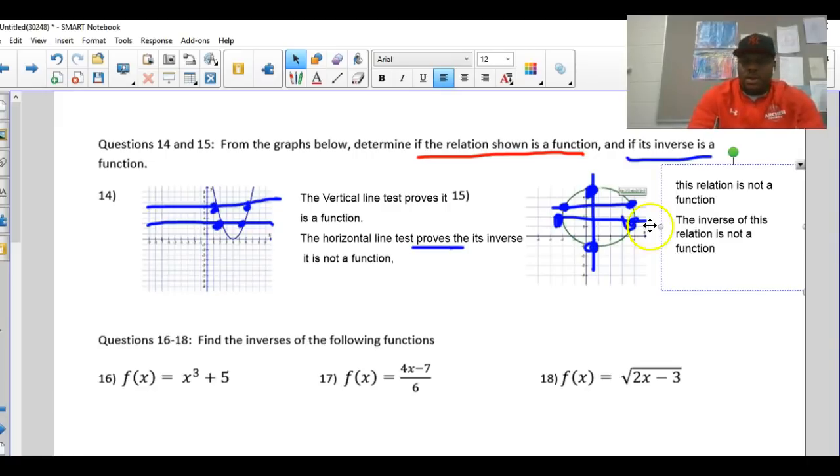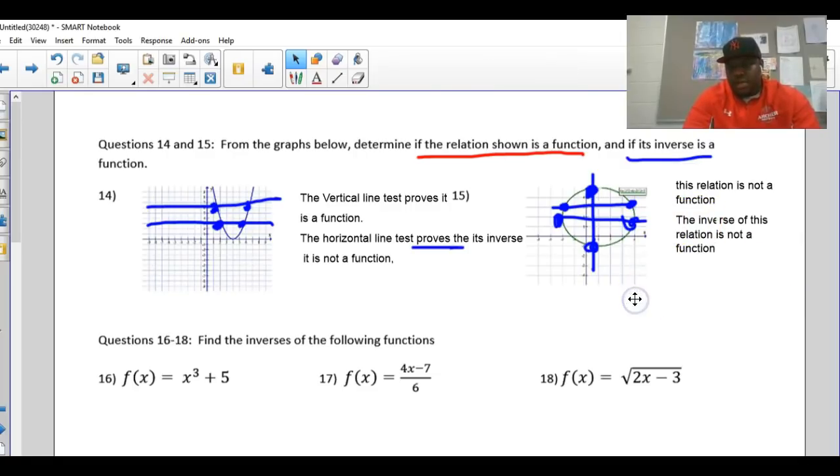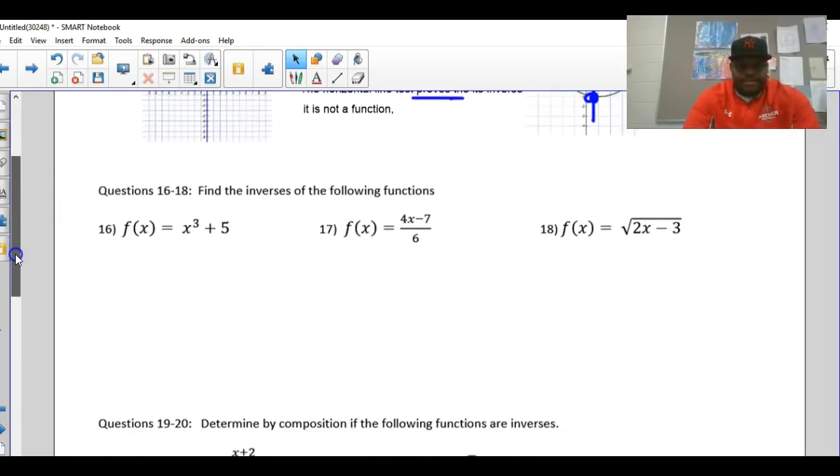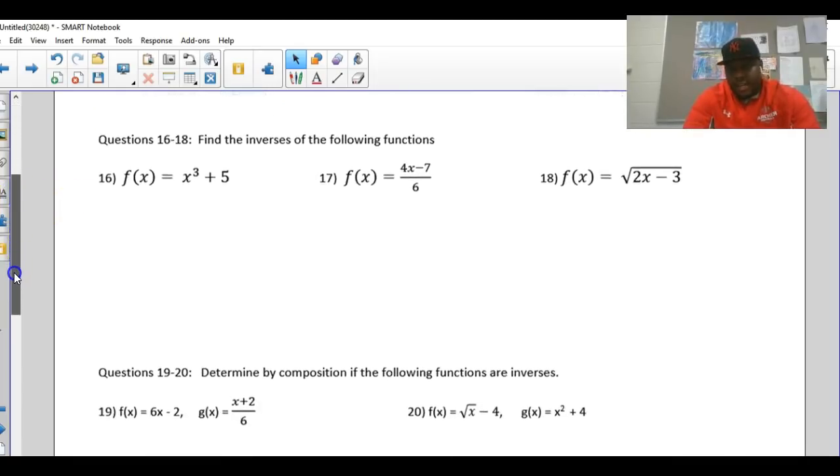All right, so there we go. This relation is not a function, and the inverse of this relation is not a function, because the vertical line and the horizontal line tests show us that they both touch twice, and therefore they're not functions.